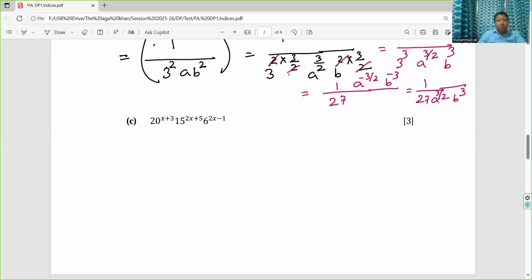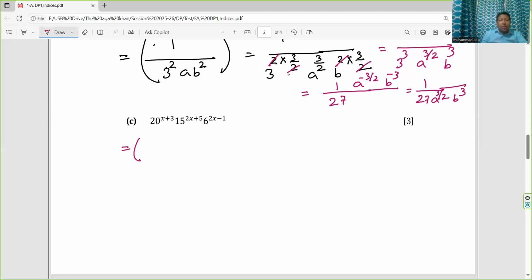Number C, 20 to the power x plus 3, product. If there is no sign, you have to think there's a product. 15 to the power 2x plus 5 multiply 6 to the power 2x minus 1. So we try to split this.